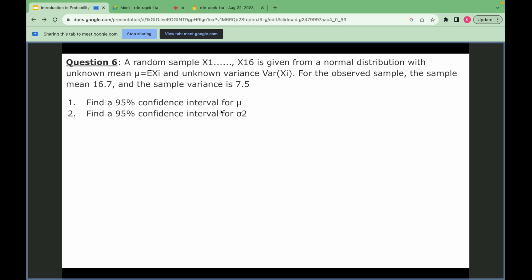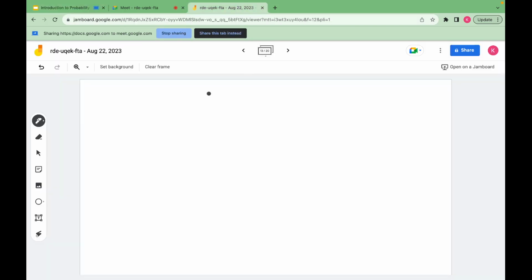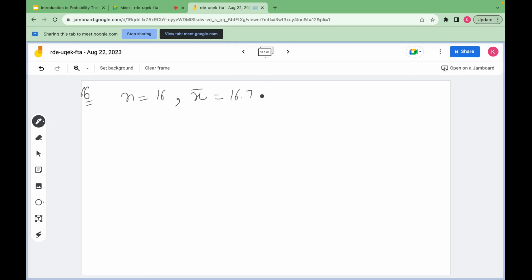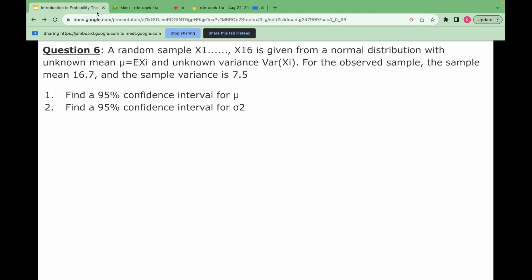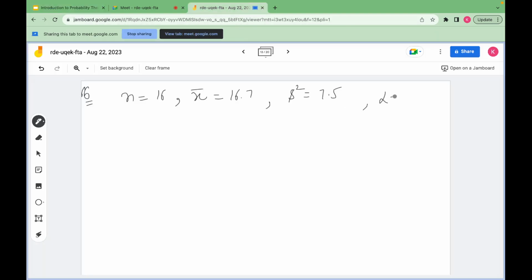Okay, so here we are given n is equal to 16, x bar is 16.7, sample variance is 7.5, alpha is 0.05.